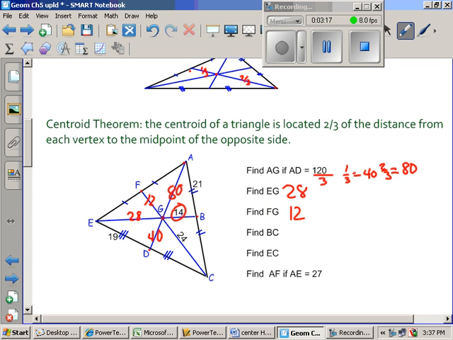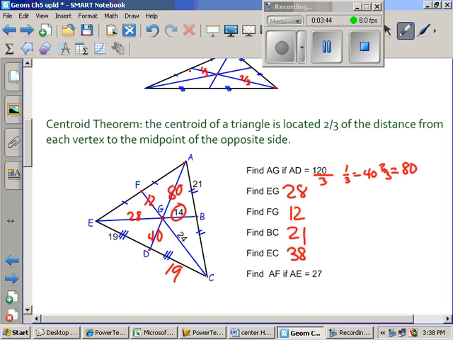BC, now we're going to get into the fact that this is a median, so it's hitting the midpoint. So BC is equal to BA. If BA is 21, so is BC. And if ED is 19, then DC is also 19. So that makes EC 38, because these two add together.